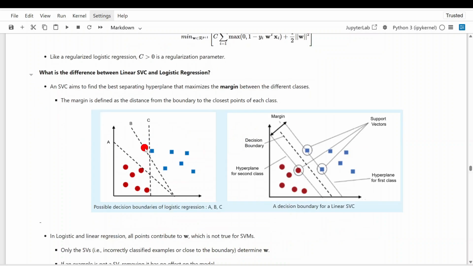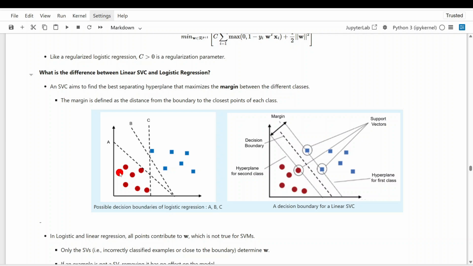Now, here let's consider this picture. In this figure, suppose we have two classes, one denoted by blue, let's say class 1, and the other, the one denoted by red, let's consider it as class 2.